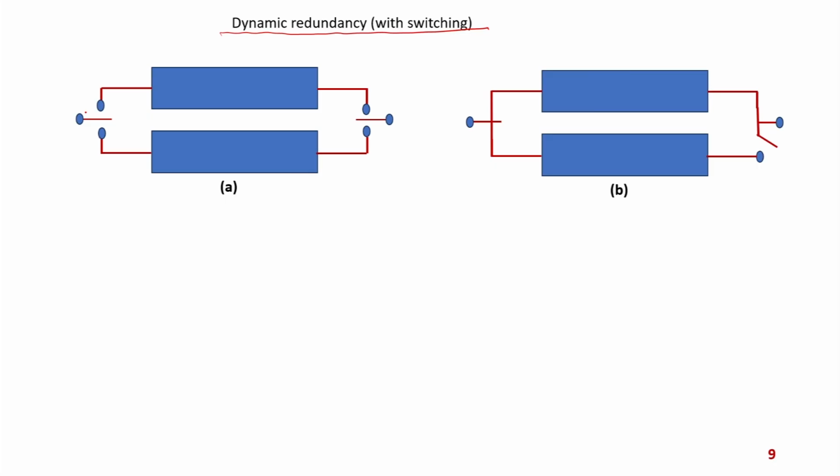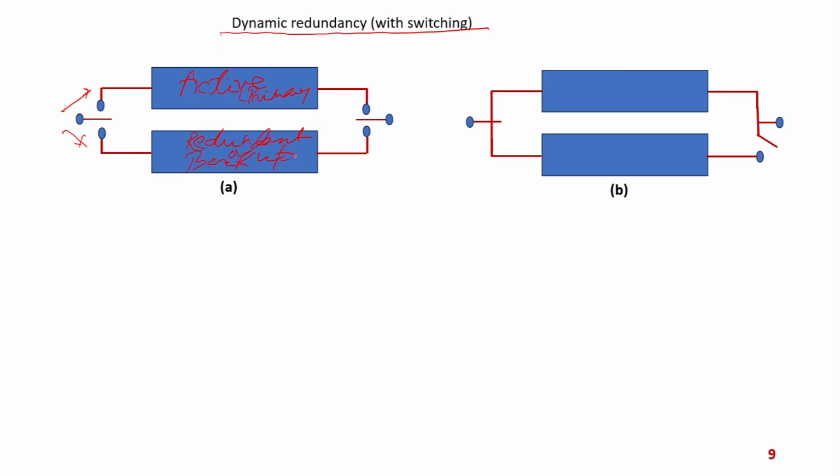The switch can connect to this circuit or to that circuit. This is the active or primary one, also called primary. This is the redundant one, or backup.